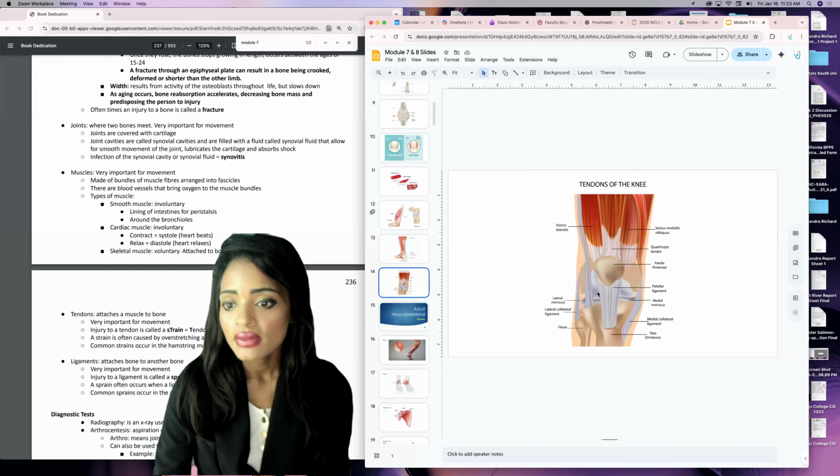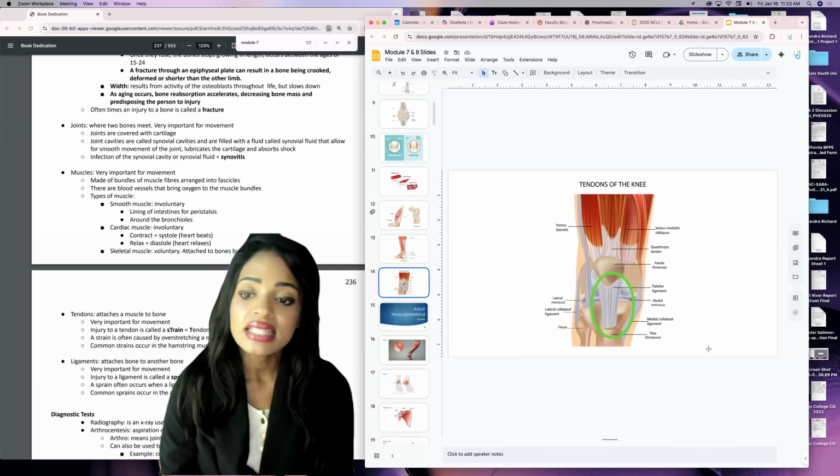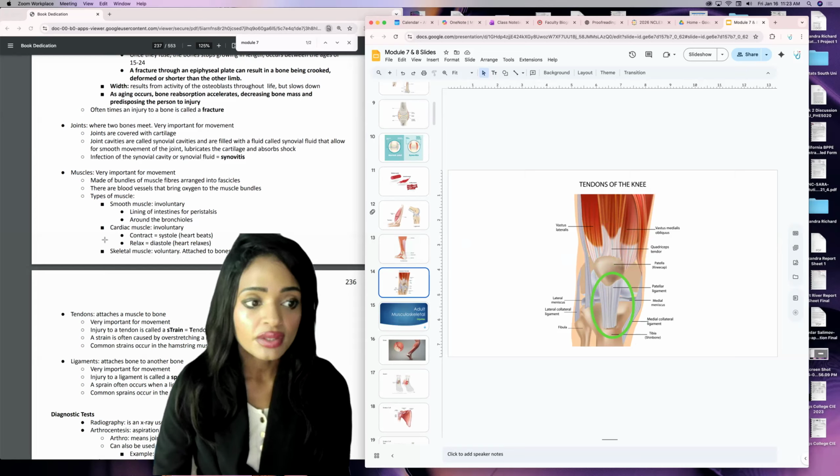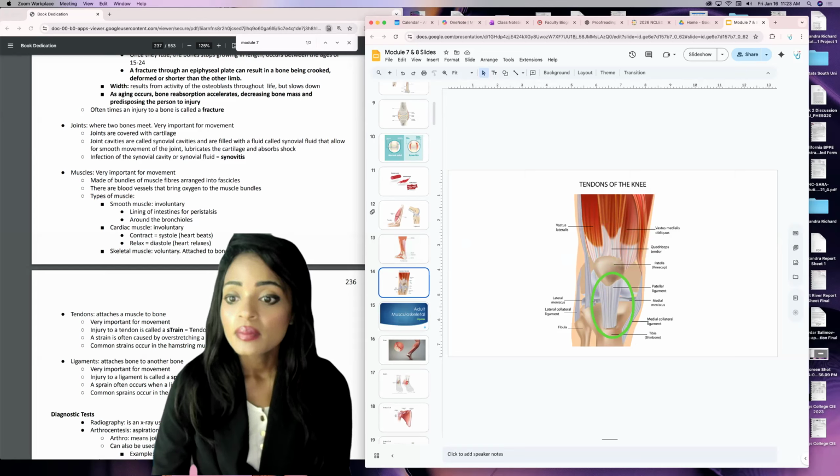And then what about this right here? Is this a tendon or a ligament? It's a ligament, very good. This is a ligament because it connects two bones together.